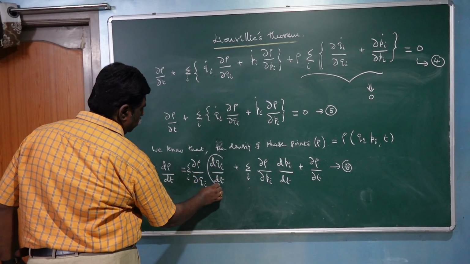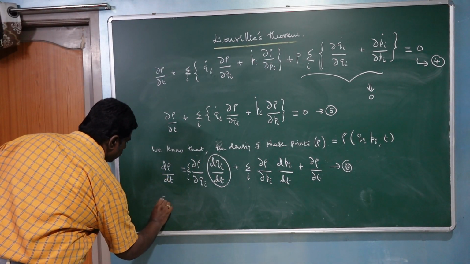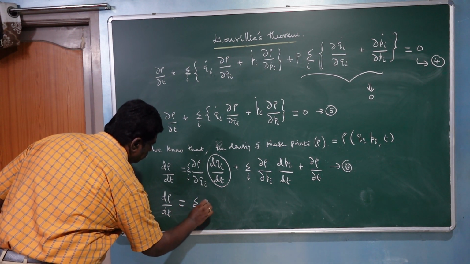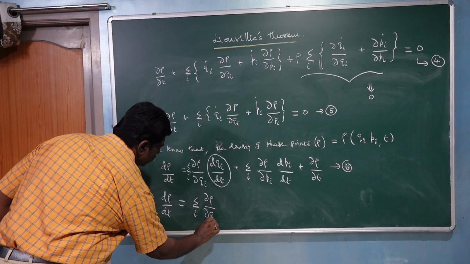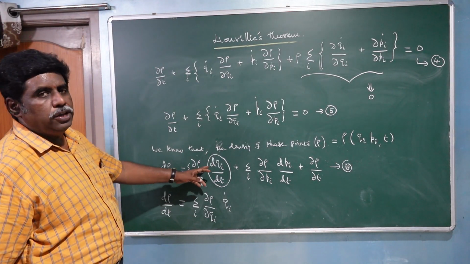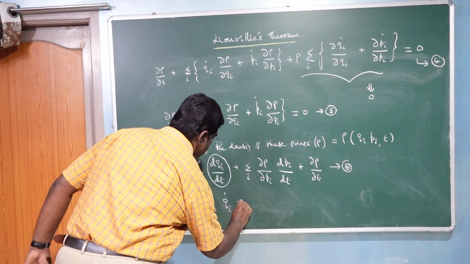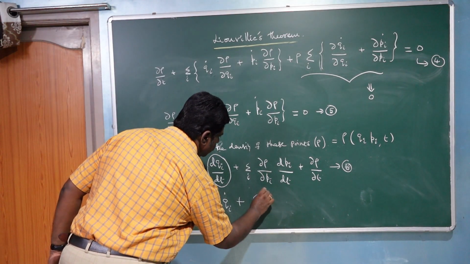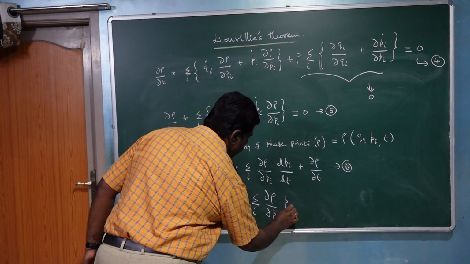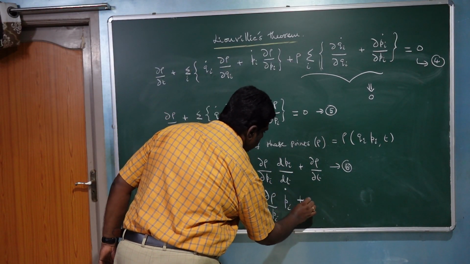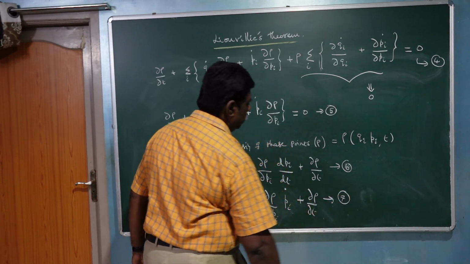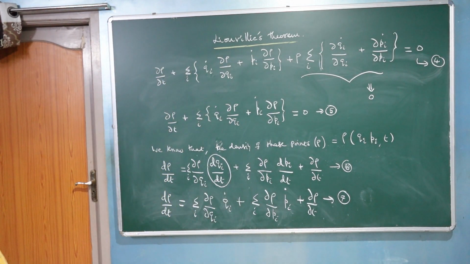See, dqi by dt is our qi dot. d rho by dt is equal to summation over i of dou rho by dou qi into qi dot plus summation over i of dou rho by dou pi into pi dot plus dou rho by dou t. This is equation 7.